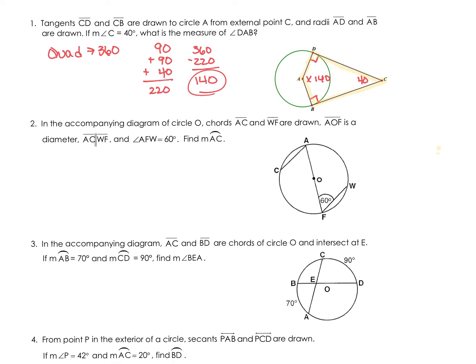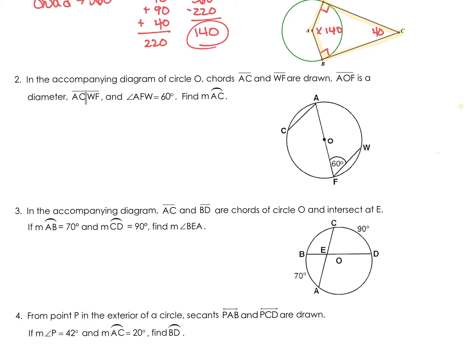All right, number 2. In our diagram, we have chords AC and WF. We have a diameter. AC and WF are parallel, so I'm going to put our little arrows there. And angle AFW is 60 degrees. They want us to find the measure of arc AC, so I'm going to put an X right there. Well, let's talk about what type of angles we have.